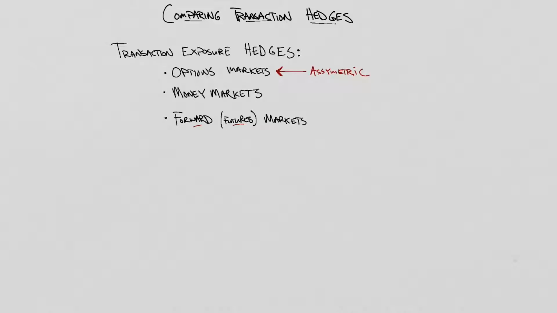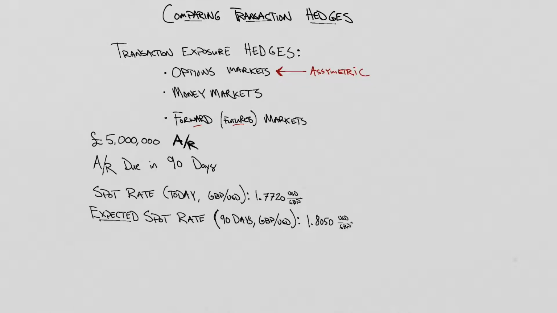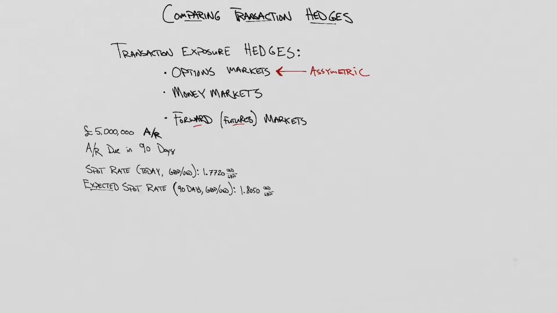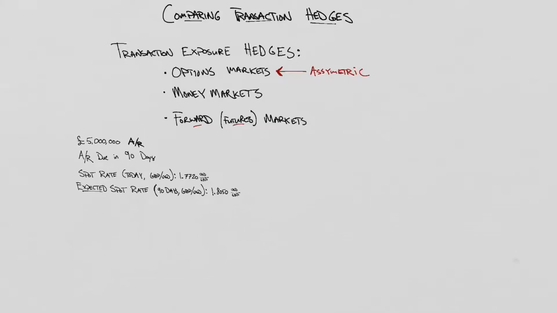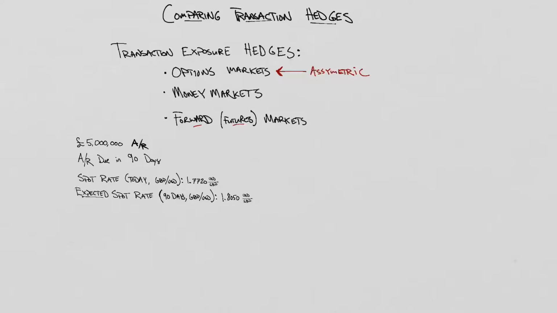Okay, so let's compare a few of these different options to hedge a sale that we as a company incurred, and the sale generated an accounts receivable in a foreign currency.